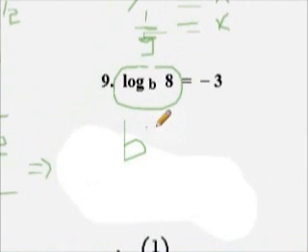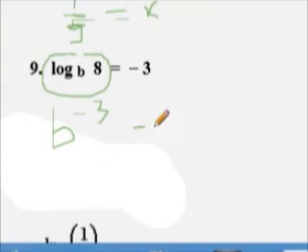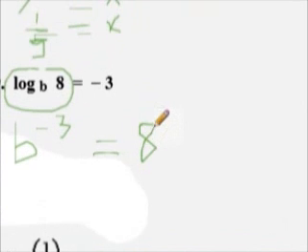I can say b to the power of -3 equal 8. b to the power of -3 equal 8.